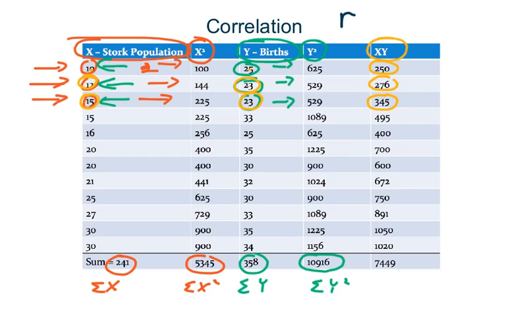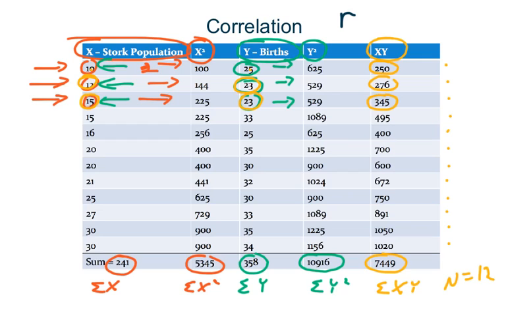And when we multiply each XY pair and add them all up, we get 7,449. That is our sum of XY. So we now have all of the parts. Oh, we're missing one part actually, and that is n. n is simply the number of pairs. So we had 1, 2, 3, 4, 5, 6, 7, 8, 9, 10, 11, 12 pairs. So n equals 12. Now we have all of the parts of the correlation formula.